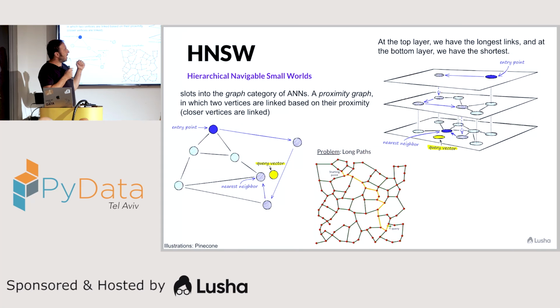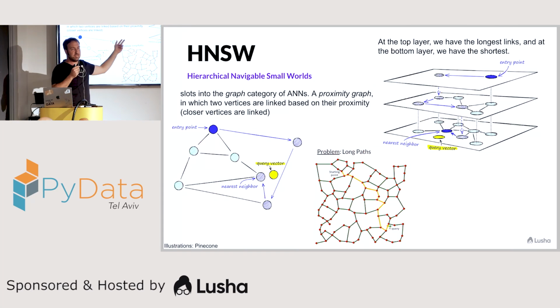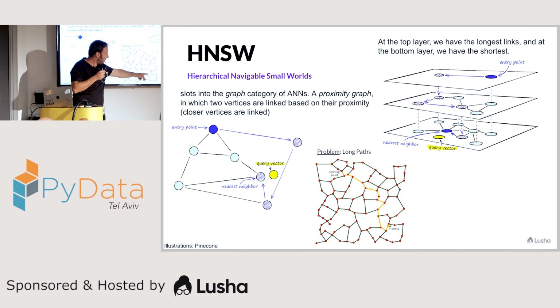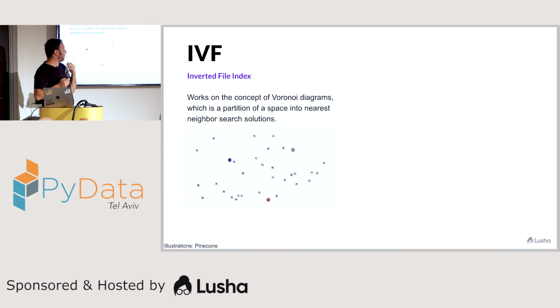The top layer does big leaps across the space, and every time you go down a layer, you go into finer detail or finer distances. That way you can skip very fast from here to here and find the nearest neighbors.